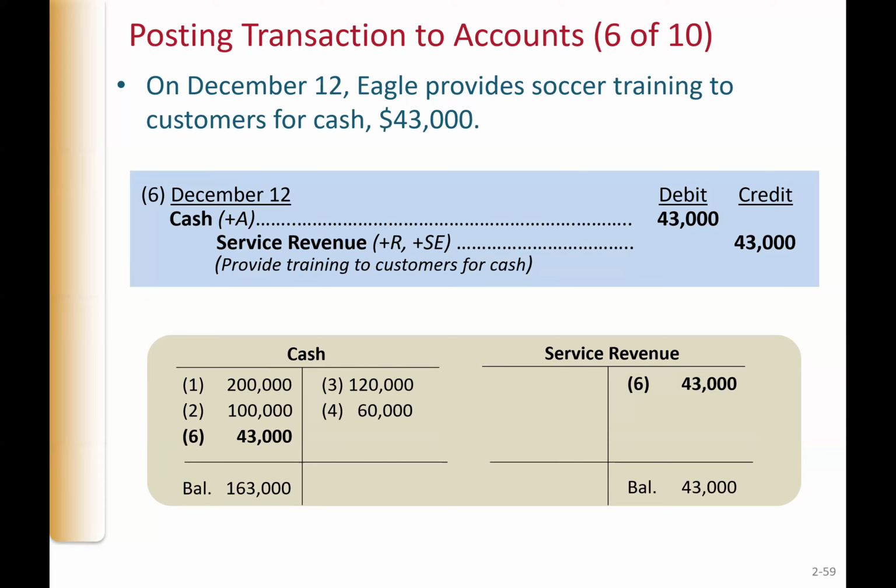Service revenue is a revenue account. And we know through our notes that revenue accounts have a normal credit balance, don't we? We also know revenues flow to stockholders' equity and increase our stockholders' equity, which means we would credit it.